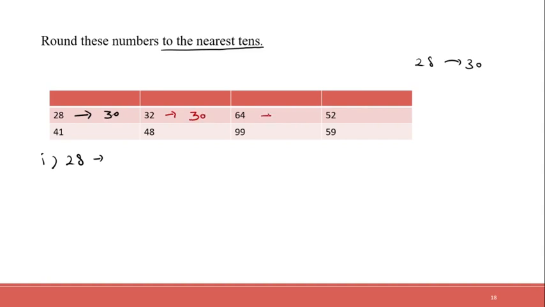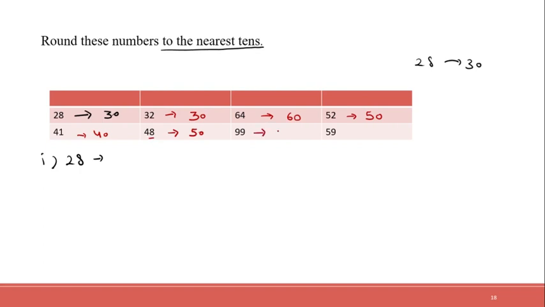64. Tell me about 64. 64 will be rounded off to 60, right? 52. It is nearer to 50, right? 41, 40. What is the case of 48? It will round off to 50, because it is nearest to 50 and not 40.